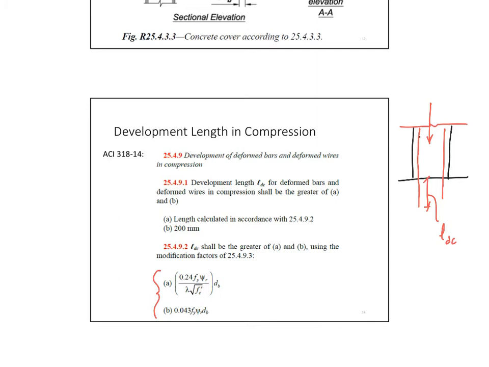And then we compare the biggest of those two with 200. Remember, in the development length in tension, we used to compare things to 300. Now we are only limited to 200. So by any means, this should not be less than 20 centimeters. That's if the bar is subjected to compression.